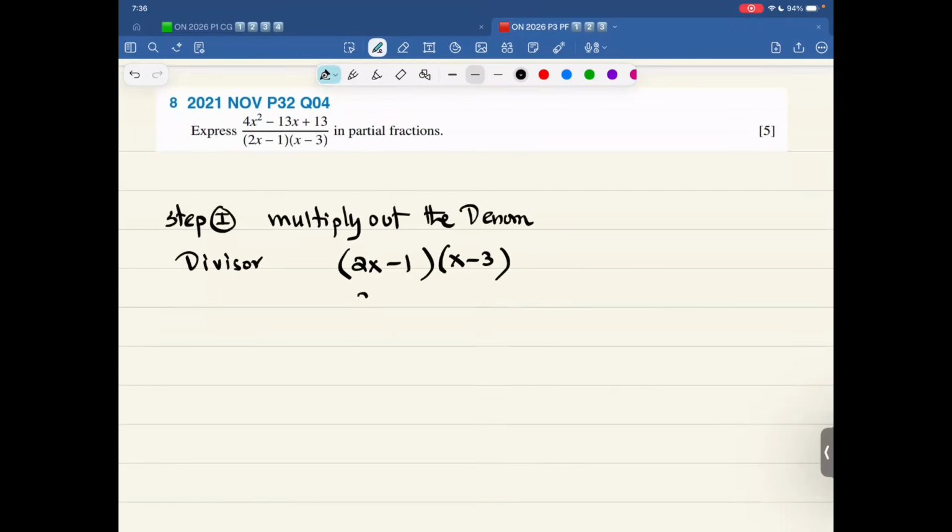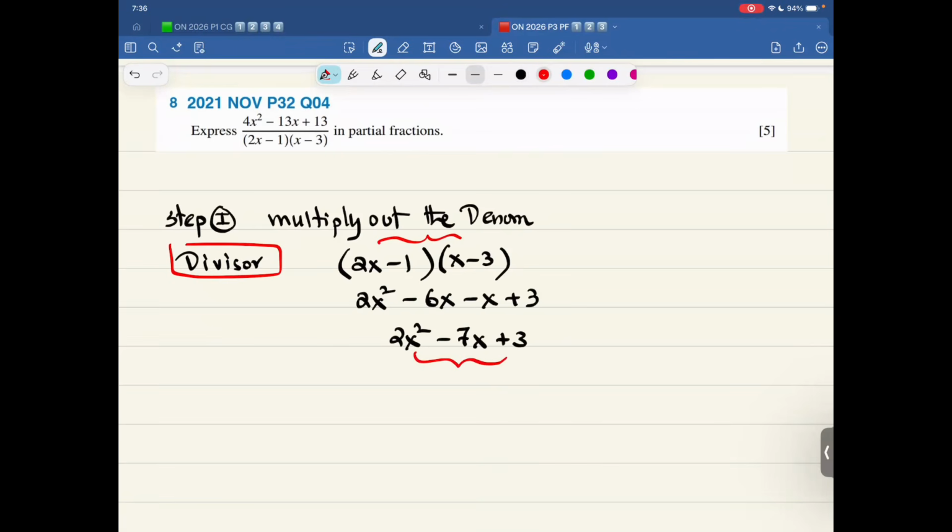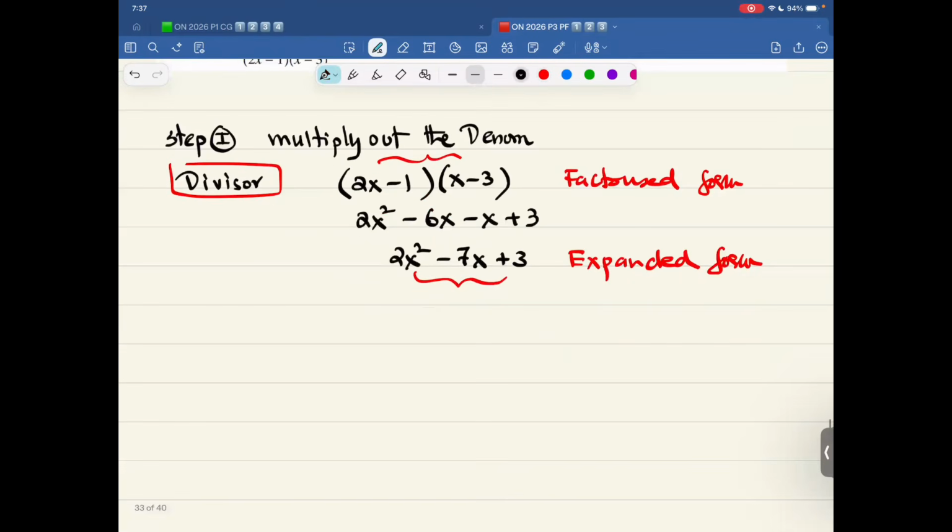So 2x into x is 2x squared, 2x into negative 3 is negative 6x, negative x plus 3, that is 2x squared, negative 7x plus 3. This is the divisor. This is the factorized form, and this is the expanded form. Technically, they both are the divisor. That's step number one.